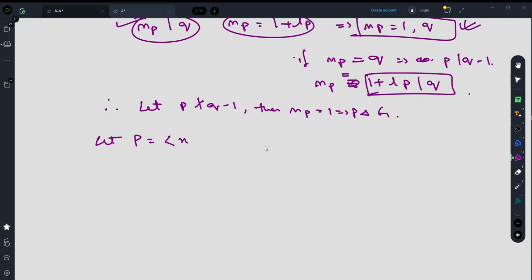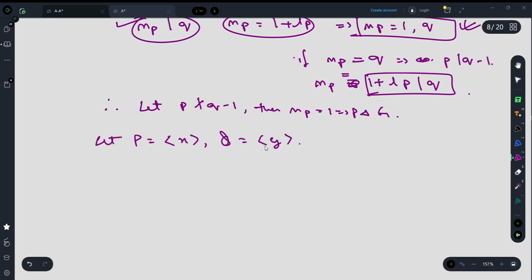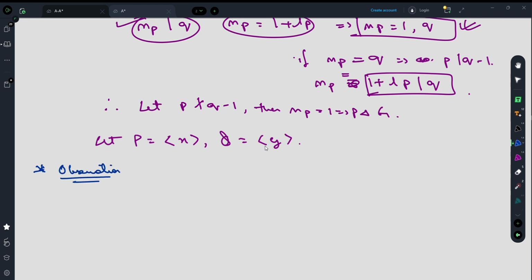Now both are of prime order, hence cyclic. We know that groups of prime order are cyclic. So let P be generated by some element x and Q be generated by some element y. Now there's a very important observation under automorphisms.